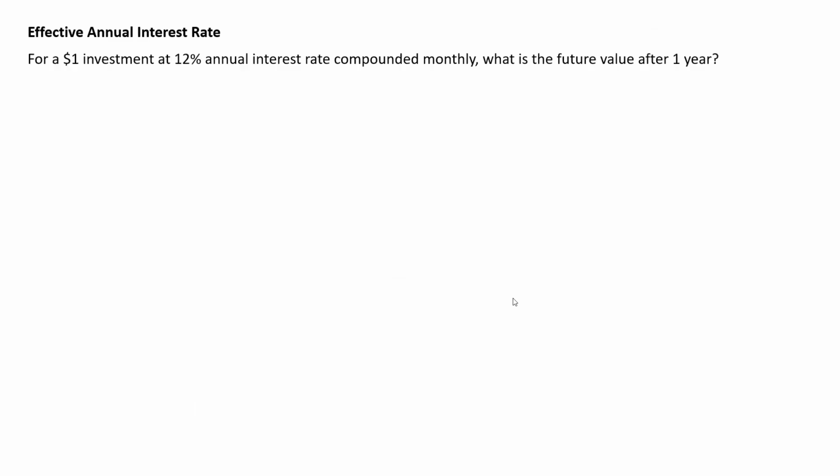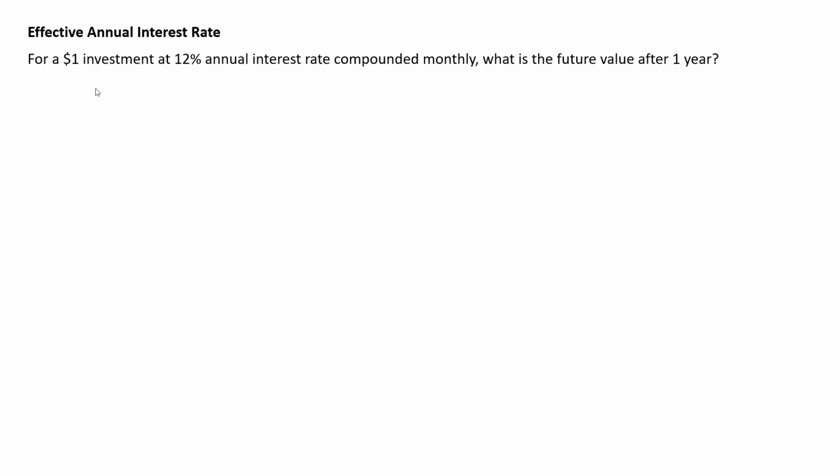Now we need to learn about a concept called effective annual interest rate. All right, what in the world is that? For a $1 investment at 12% annual interest rate compounded monthly, what is the future value after 1 year?